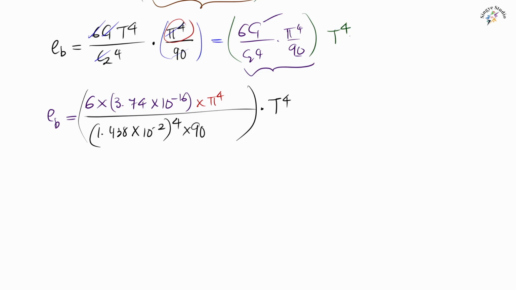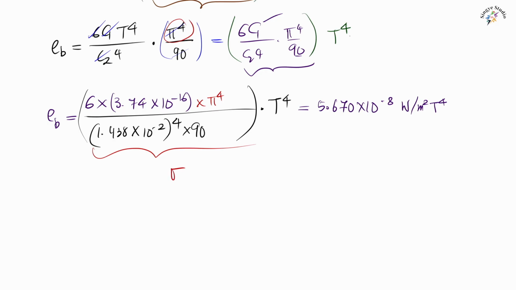You are getting the value of 5.670 times 10 raised to minus 8 watt per meter squared per T raised to 4. So these are constants and this is denoted as sigma.